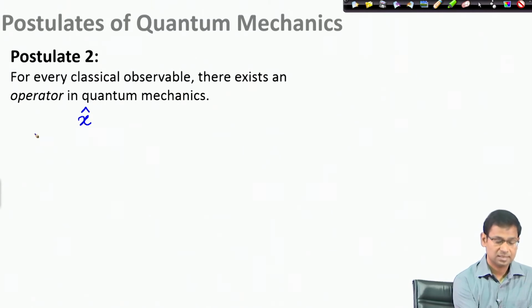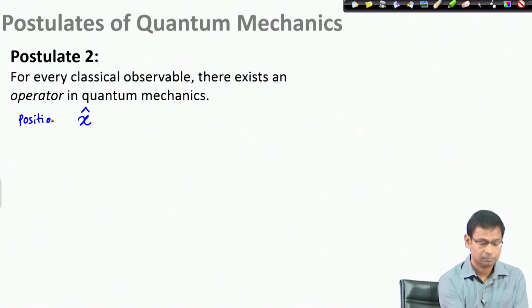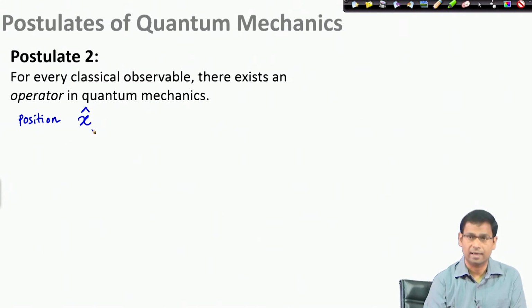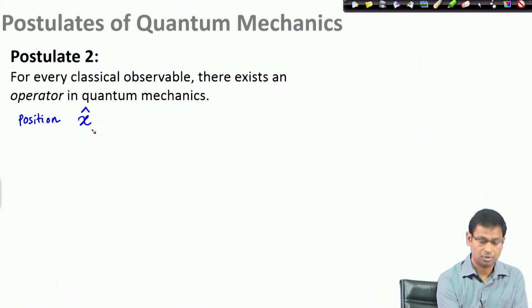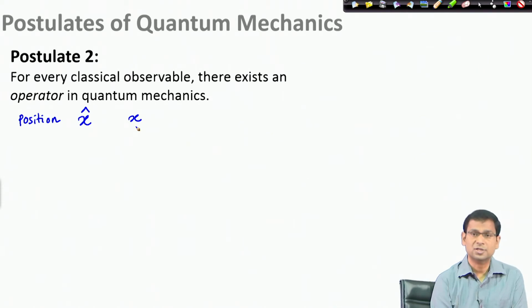So, x hat is the position operator. What is its function? An operator is essentially a rule or a command that gets carried out. So, the action of this operator x is simply multiplication by x, which is the variable along that dimension.